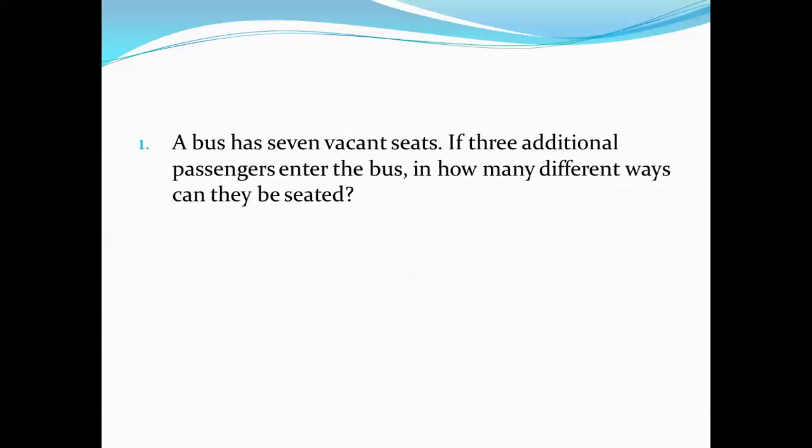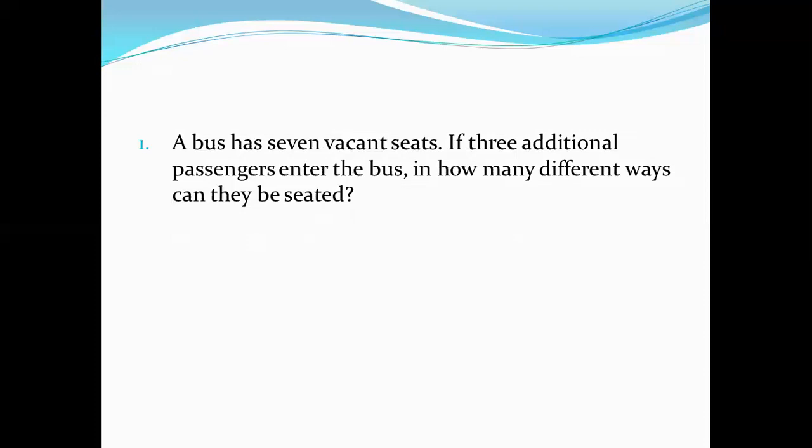So ang first natin, a bus has 7 vacant seats. If 3 additional passengers enter the bus, in how many different ways can they be seated? Okay, first of all, when you see permutation, usually ang mga problems natin dito are on seating arrangements, anything that has to do with arrangement or ordering of items. Okay.